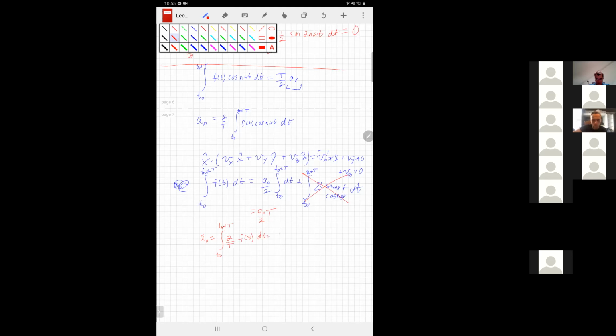Or if you wanted to be nitpicky, because of course cosine of 0 is just 1. The only reason to write it out in this nitpicky way is that then we could say that a n for any n is 2 over T integral from t naught to t naught plus T f of t cosine n omega t dt, and that would even be true for n equals 0.